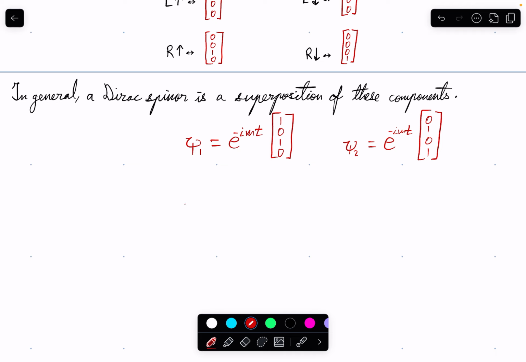Likewise, there is this tilde version, which is negative 1 0 1 0, e to the i m t, then 0 negative 1 0 1.